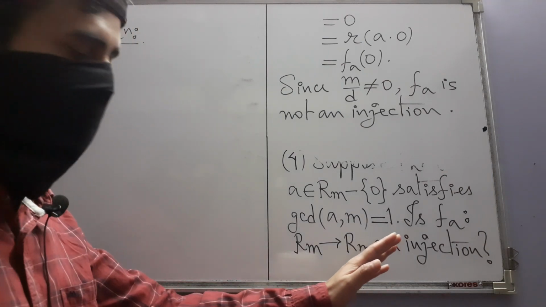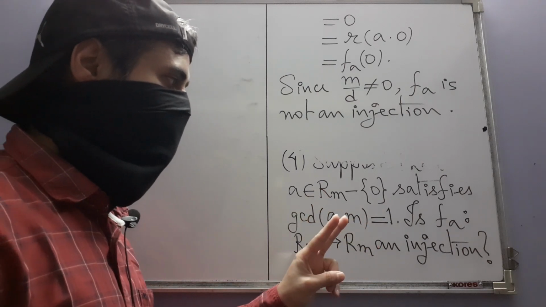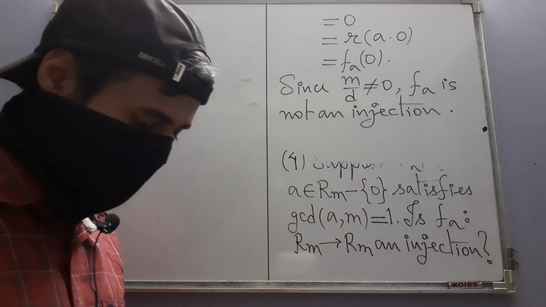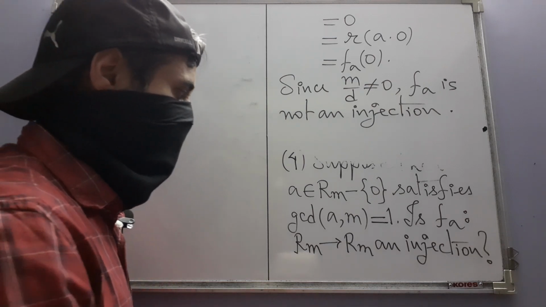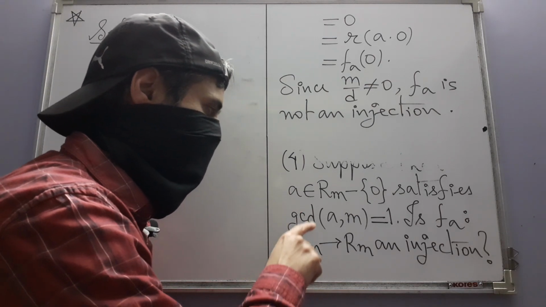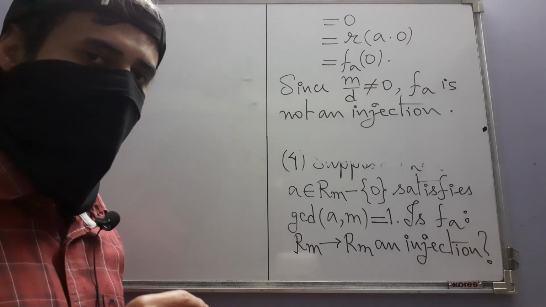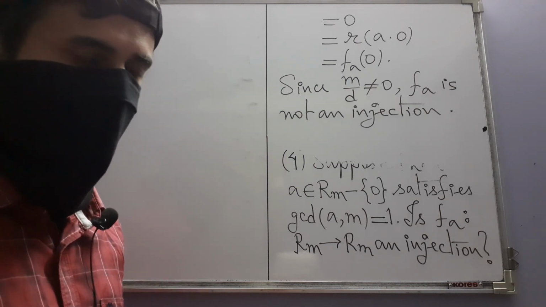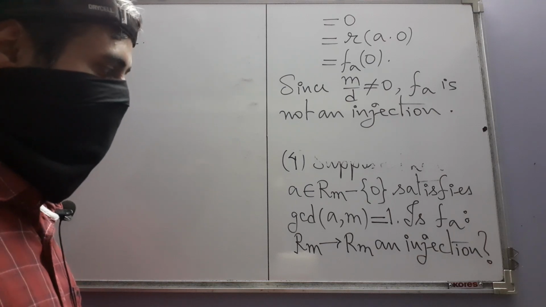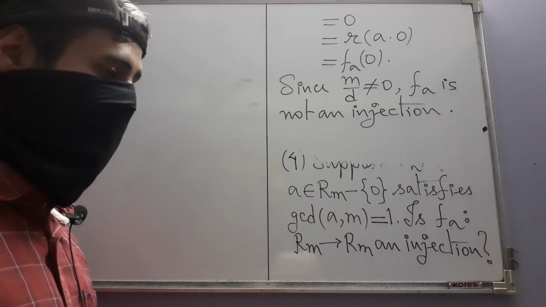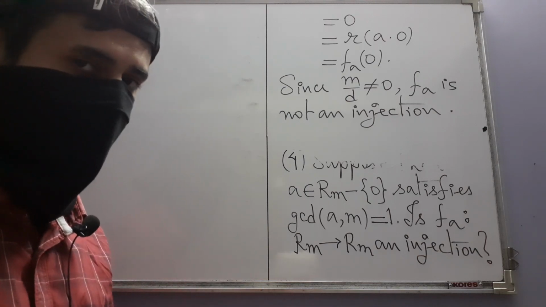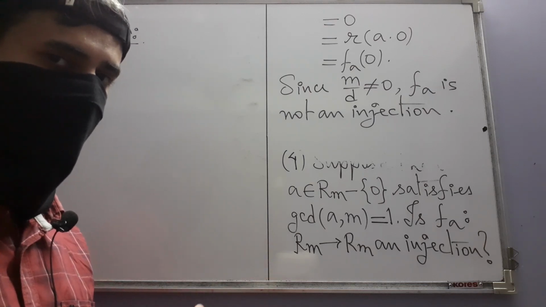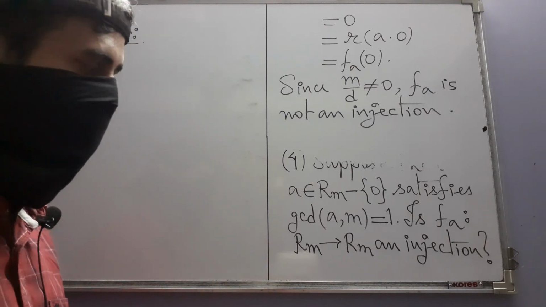See, there are obviously two ways of proving that a function is an injection, and they are logically equivalent. Either you take distinct inputs and show that the outputs are also distinct, then the function is injective, or you take two equal outputs and show that the inputs are also equal, then also the function is injective.